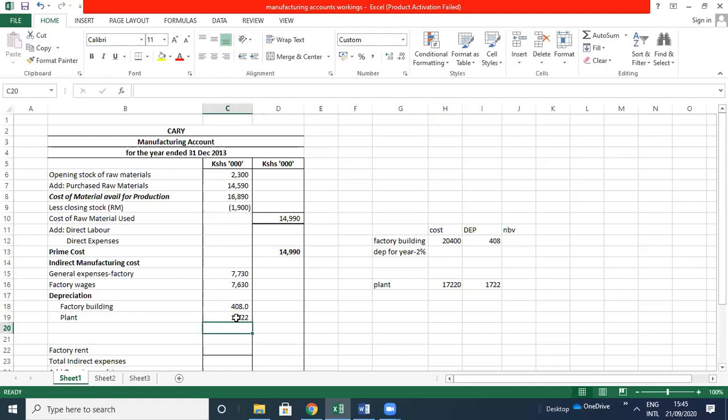Now, there are people who are telling me delivery van. Was delivery van used to bring raw materials into the factory? Was it used? Have we been told that it was used? What about rent and rates? What have we been told about rent and rates? Anything on rent and rates?